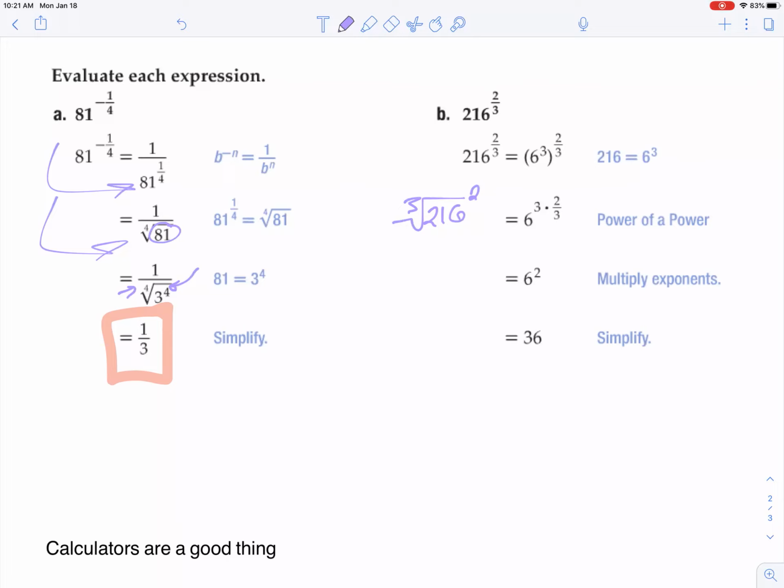Then I probably would have gone the route of, can you find the cube root of 216? I think we've already discussed how you plug that into your calculator. If you plug it in, the cube root is 6. Look, now I'm in the same spot. So 6 squared is 36.